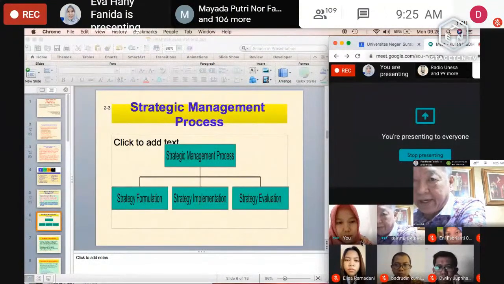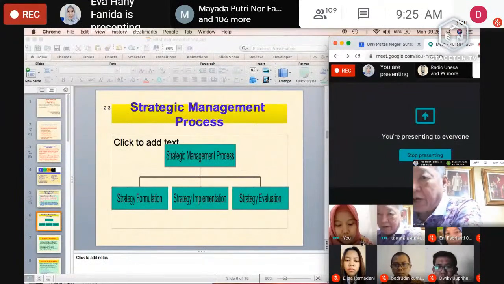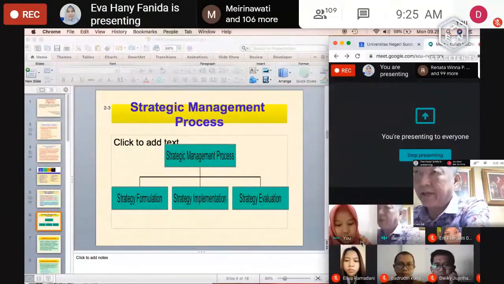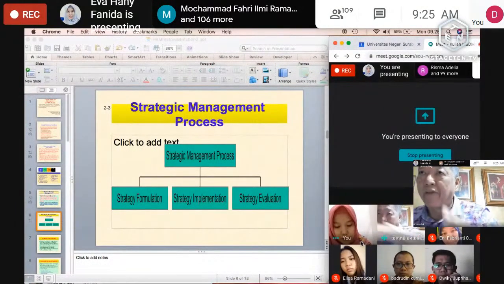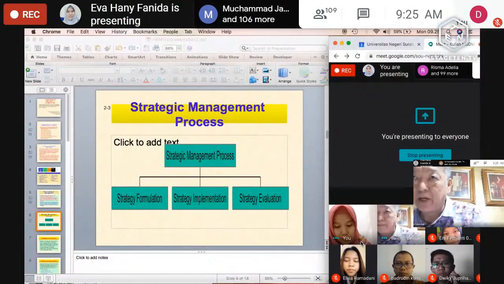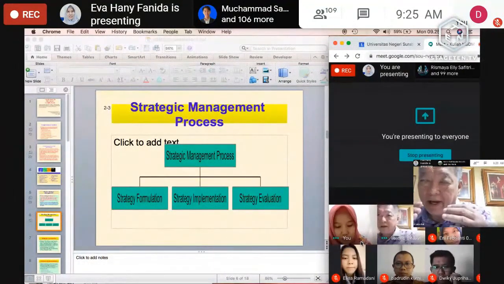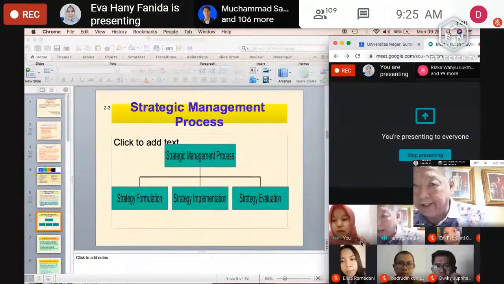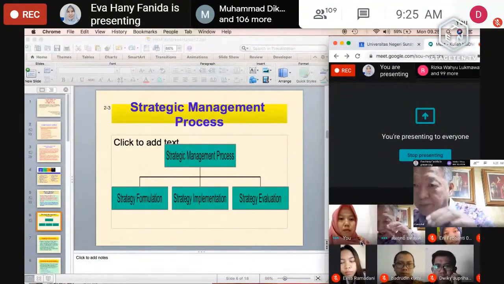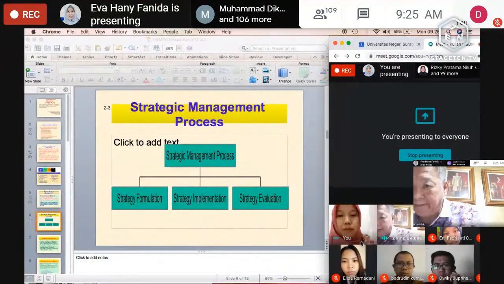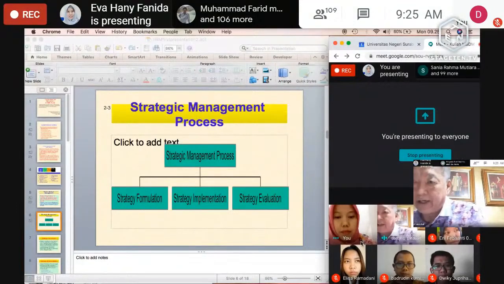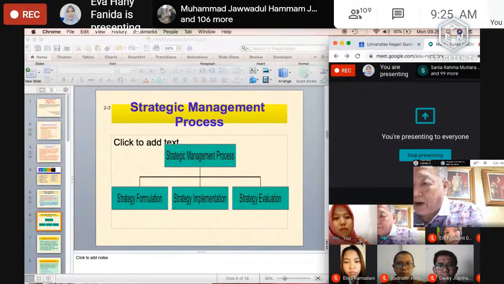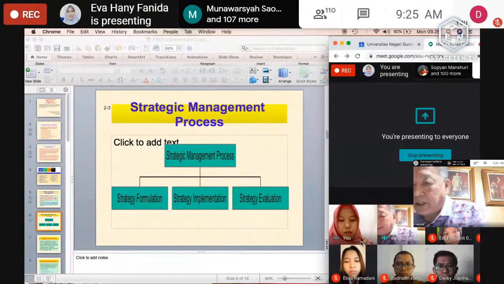Then we talk about the second one, but this is not the subject of strategic management. I just want you to know that we are talking about the HR functions, the human resource department. The human resource department is just a subunit of the organization. Formulating the strategy is the organization's duty. As I mentioned, the top management or CEO is the one responsible for that.